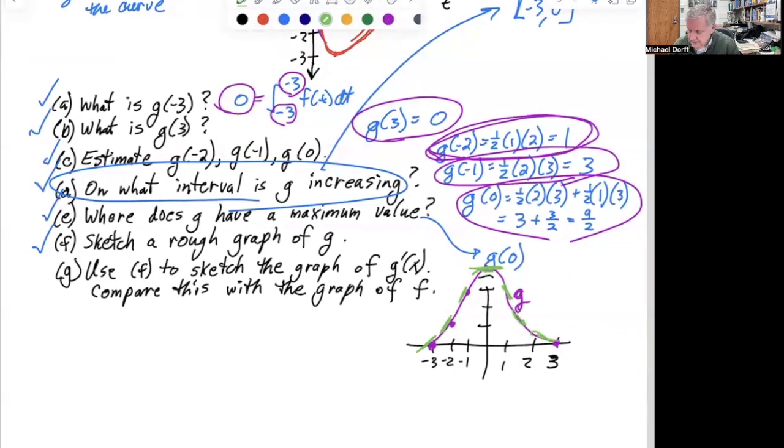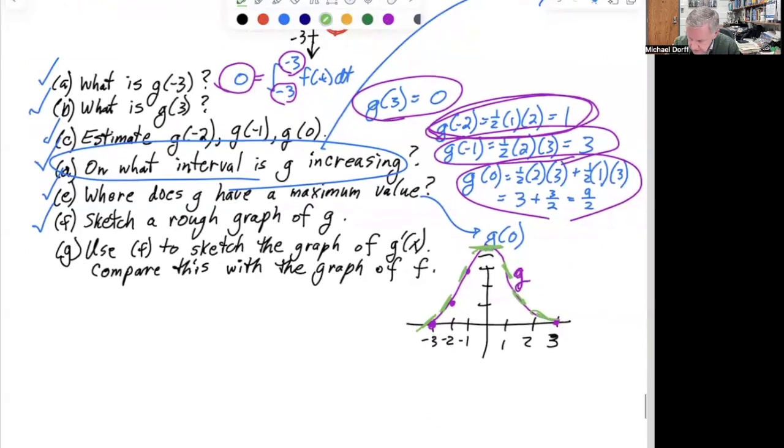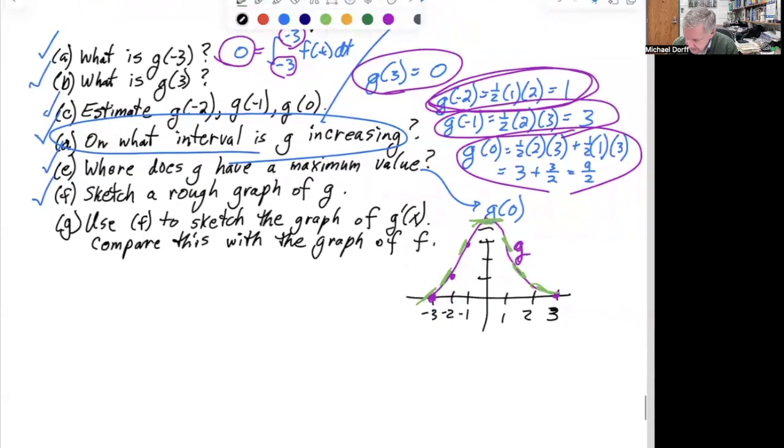And what's happening to those slopes of those tangent lines? Well, it's going to look something like this. So I have, first of all, some positive values, and the positive values are increasing. Let me just draw in some numbers here: -3, -2, -1, 0, 1, 2, and 3.